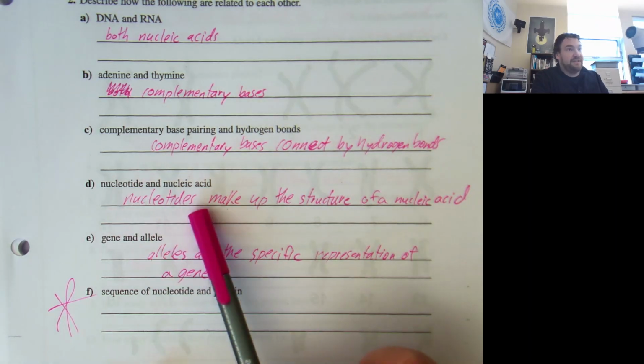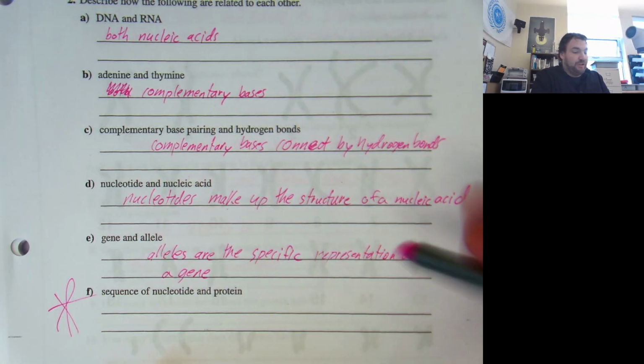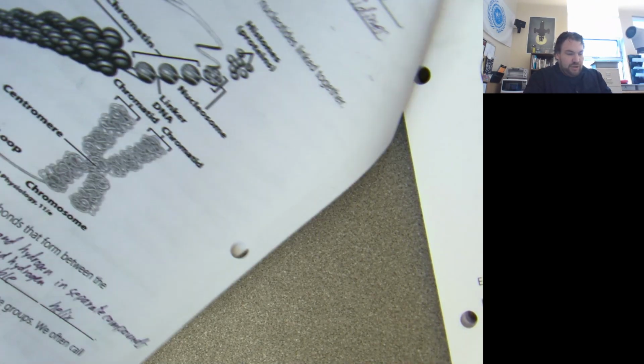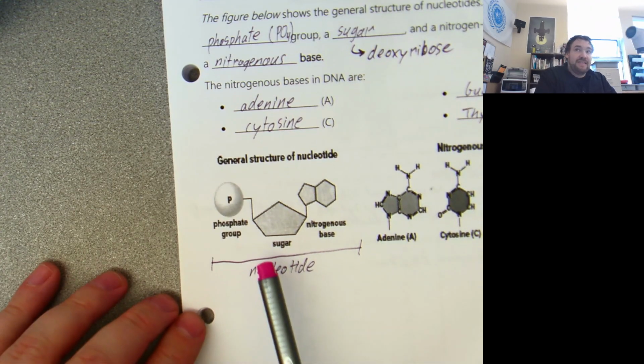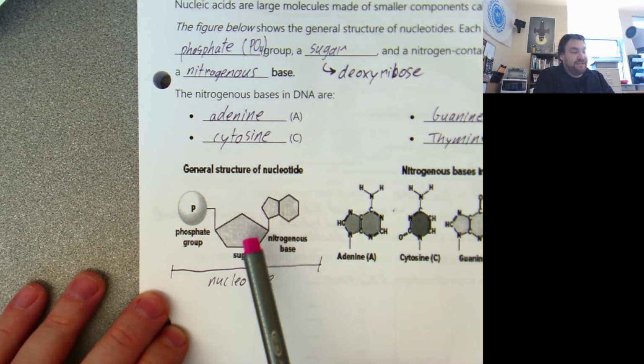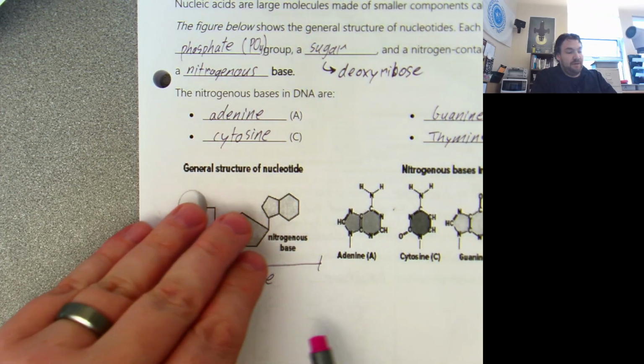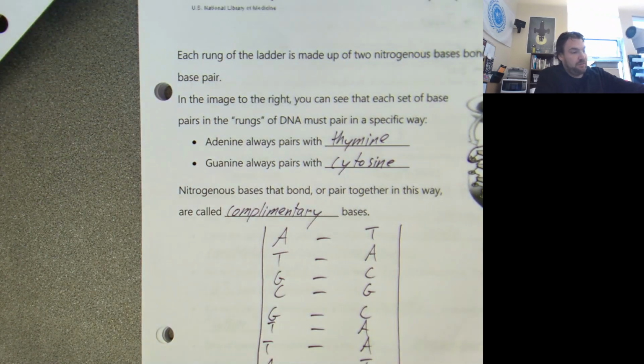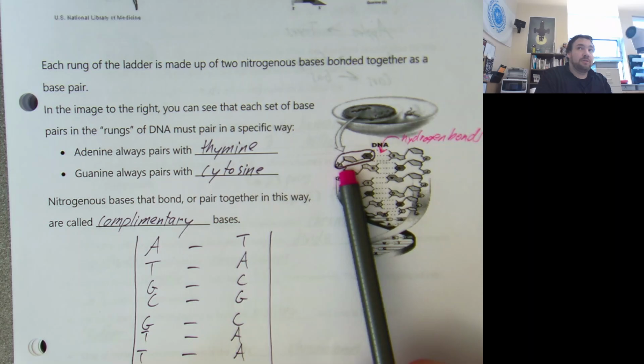D, nucleotides, nucleic acids. So nucleotides, if I go back in my notes, nucleotides were these. This is a nucleotide, and it's strings of nucleotides that give you this structure.